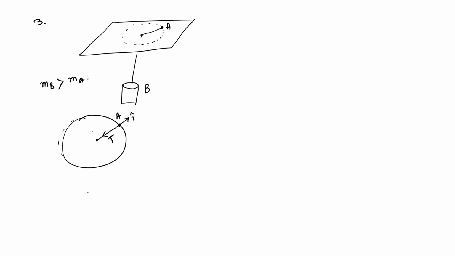Okay. And what about B? B is simple. So, this is B, and there is a T there, and then there is a weight there, which let us call m B g. Okay. So, how do you write the velocity in plane polar coordinates? We write it as r dot r cap plus r theta dot theta cap.